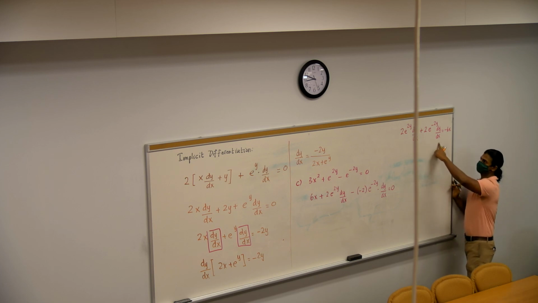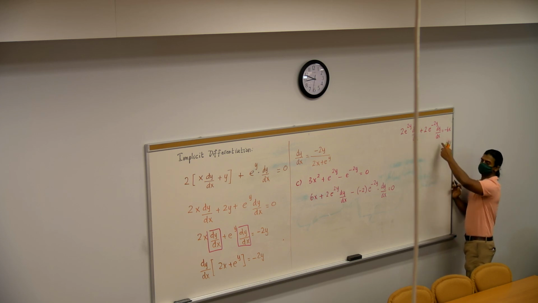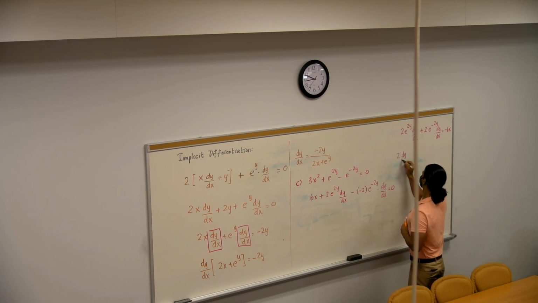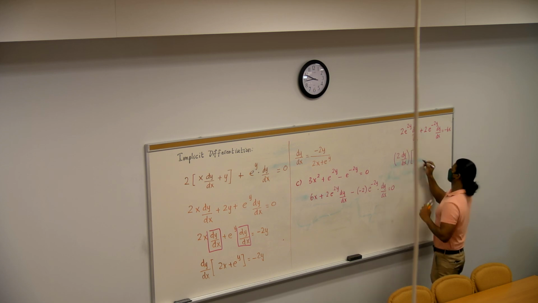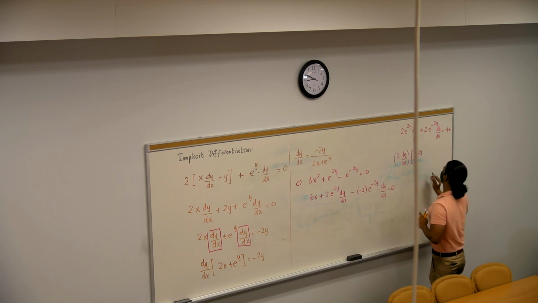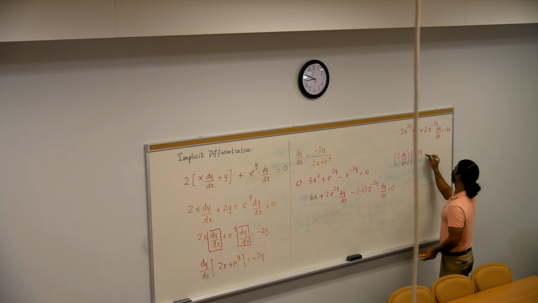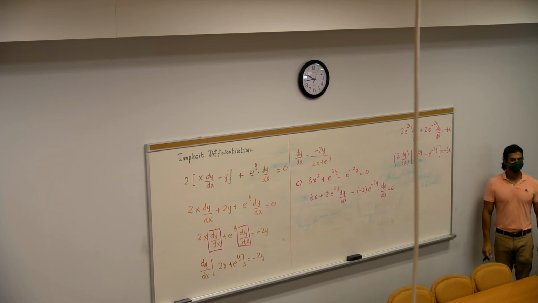What do we have in common between these two terms? We have a 2 in common. We have dy over dx in common. So if I pull those out, in the first term, 2 and dy over dx have been taken out, so we would have e raised to y. In the second term, 2 and dy over dx have been taken out, so we would have e raised to negative 2y. And that would simply be equal to negative 6x.